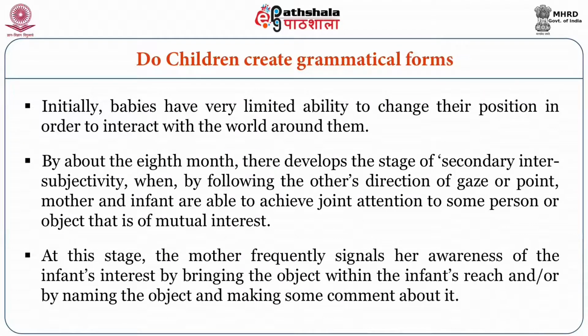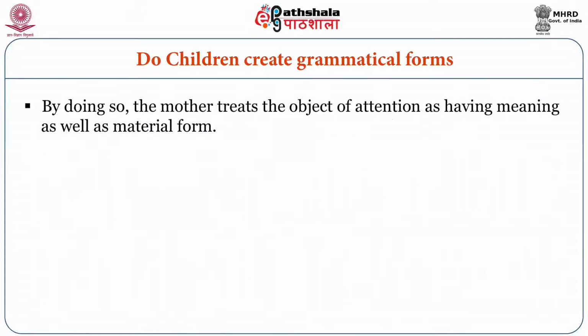At this stage, the mother frequently signals her awareness of the infant's interest by bringing the object within the infant's reach and by naming the object and making some comment about it.